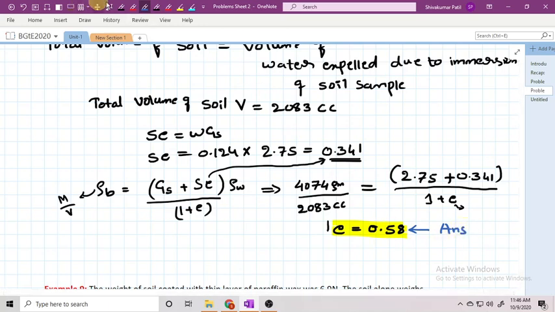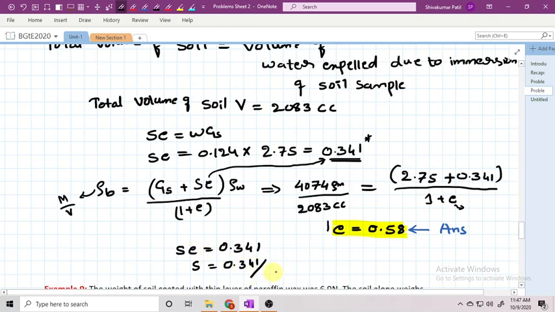One more thing they are asking: the degree of saturation. You know S e is equal to 0.341, and now you know the e value. Simply you put it here, so only S is the unknown. So S is equal to 0.341 divided by the void ratio 0.58.